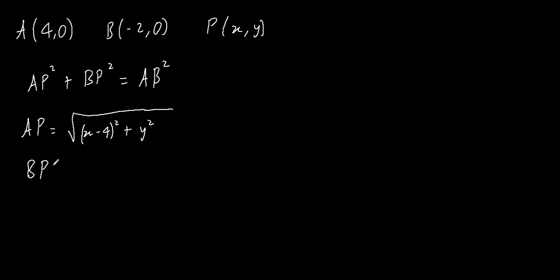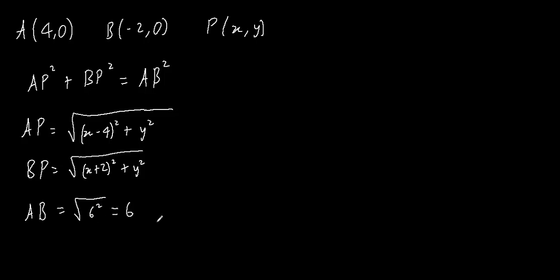BP is equal to the square root of, we would have x minus negative 2, that's just x plus 2, all squared, plus y squared again, because now it's just minus 0, and AB would be the square root of 4 minus negative 2, that is 6 squared, which just gets me 6.